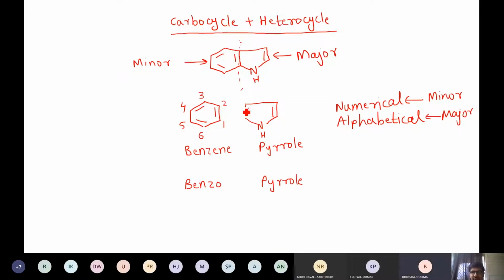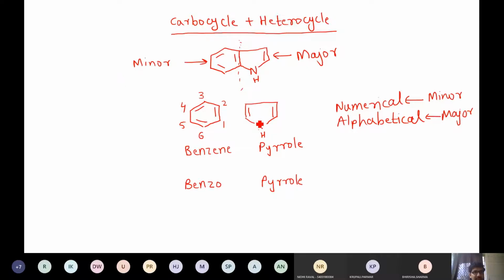Now, whenever you are defining the major ring, you are actually defining the bonds. Since you have given numbers once, if you give another number, it will become confusing, correct? So whenever you are talking about a major ring, you are describing the bonds by alphabet, like A, B, C, D, right?